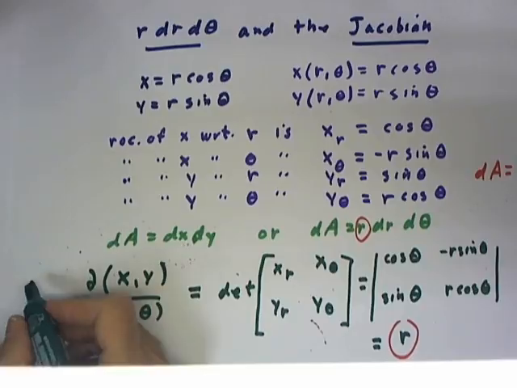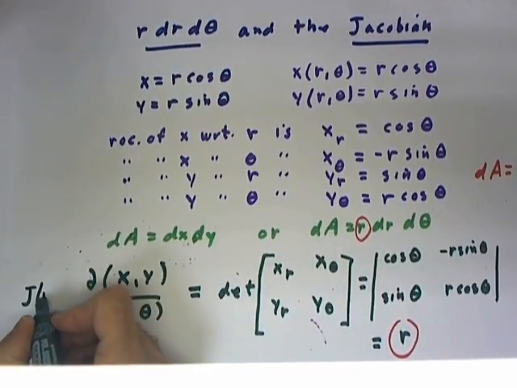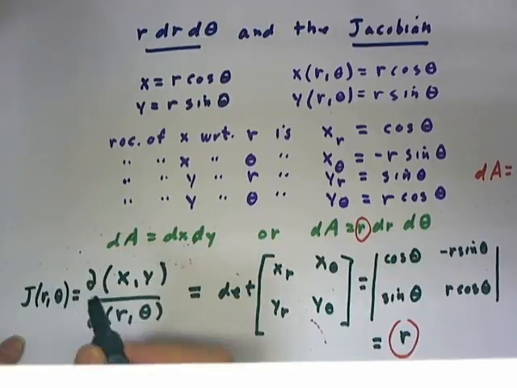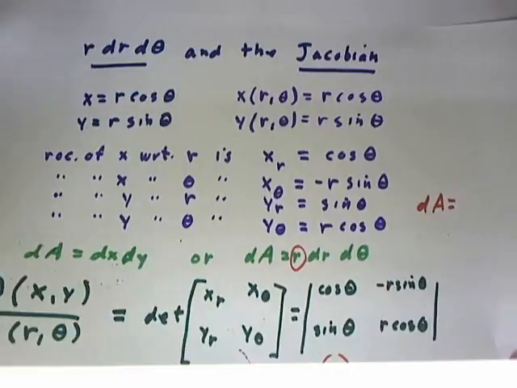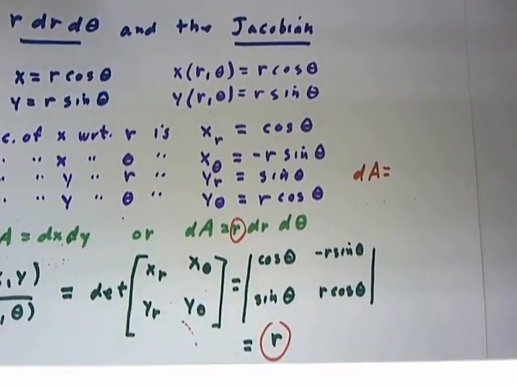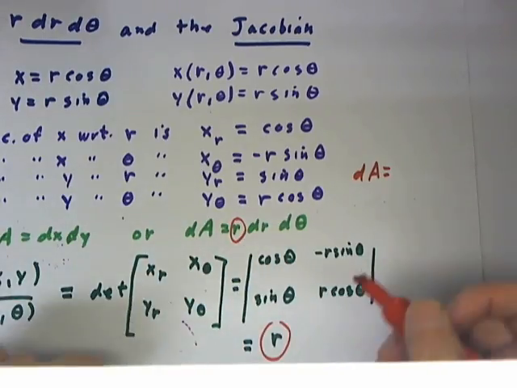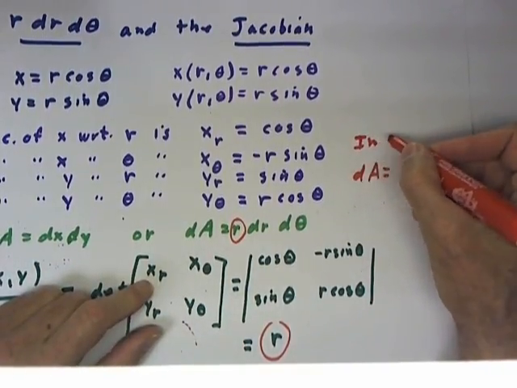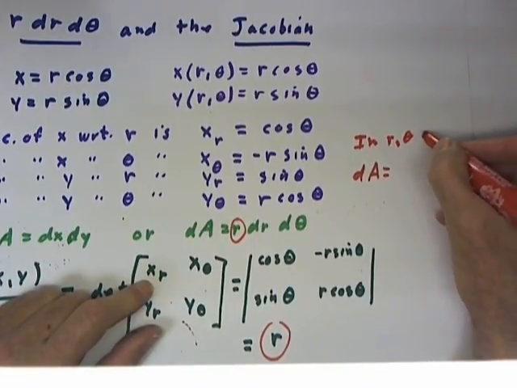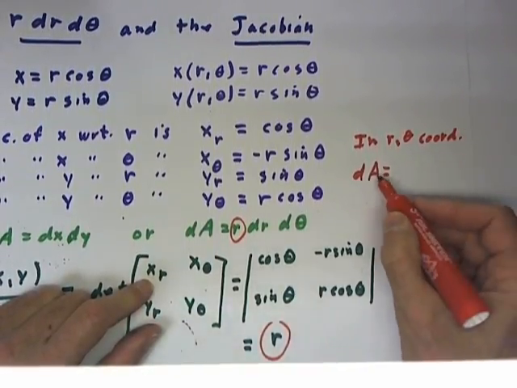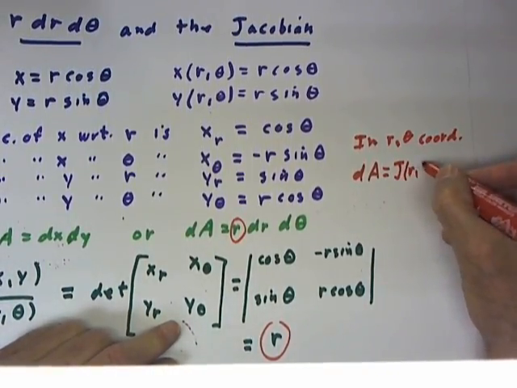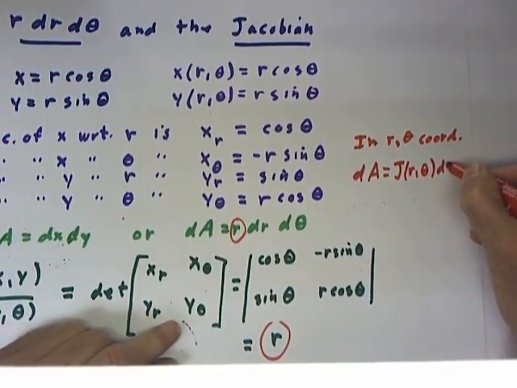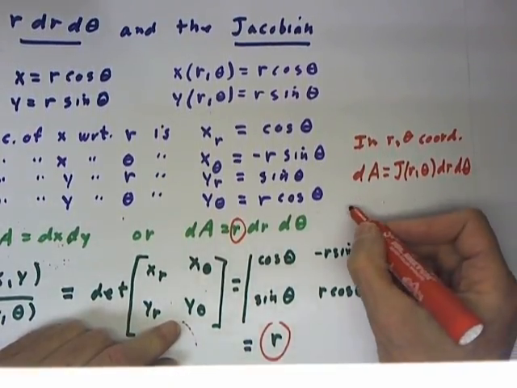I'm going to call this the Jacobian, J of r theta, and it's equal to this quantity, so that we can say that the area increment in polar coordinates, our dA, is equal to the Jacobian times dr d theta.